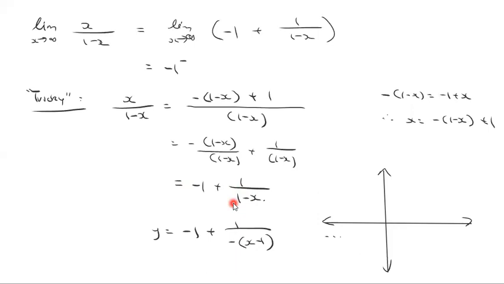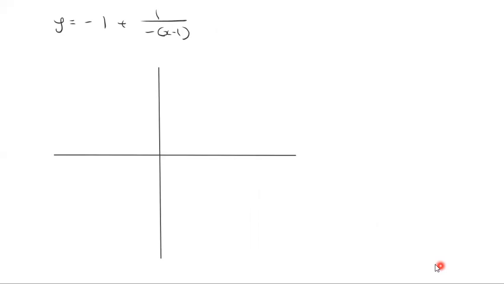So let me do it on a new sheet. I've got it as y equals -1 plus 1 over negative x minus 1. So this then means I know that my x can't equal 1. So there's a vertical asymptote at 1.